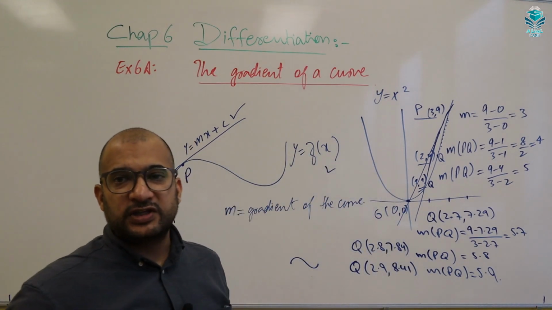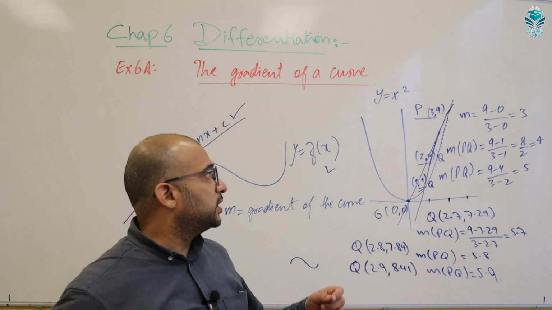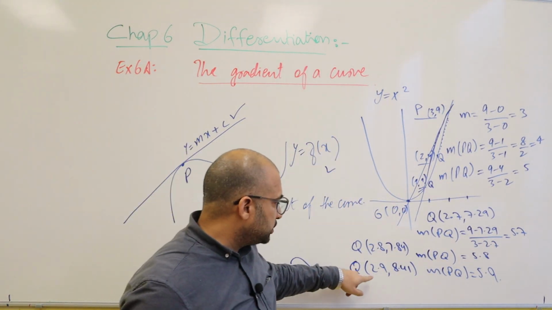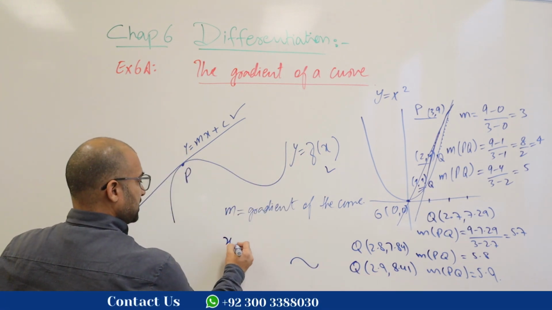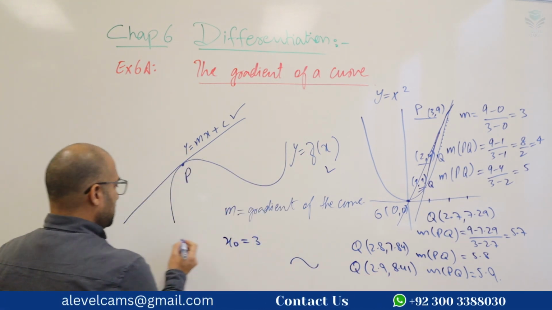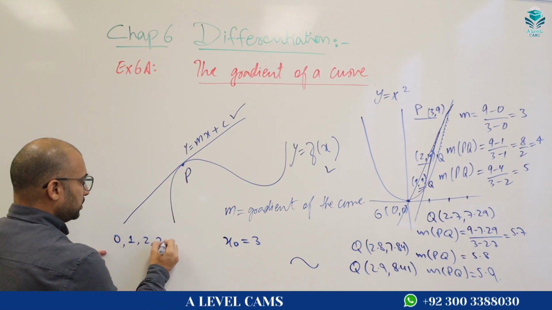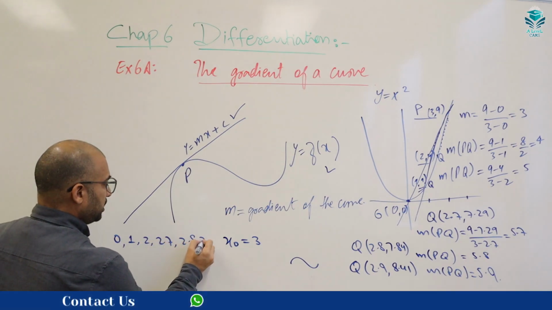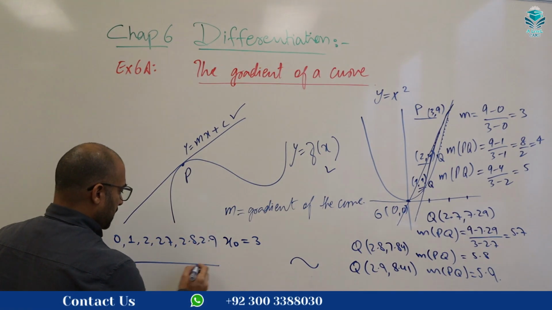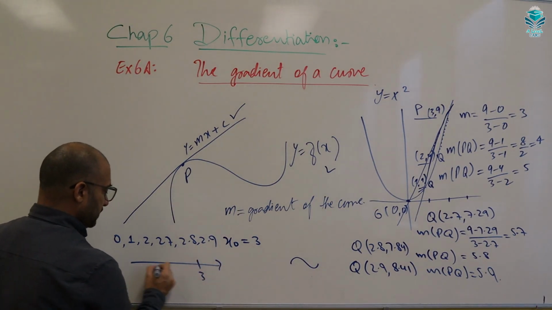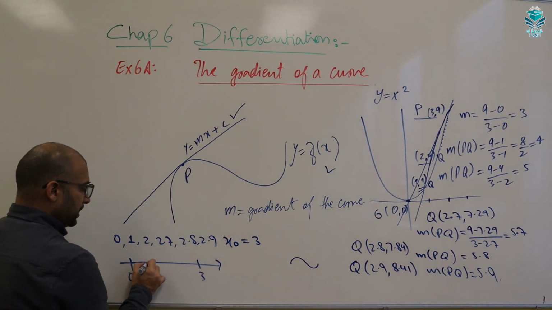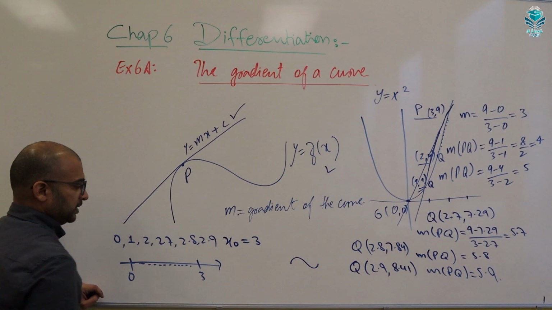It means that as we move towards the point P, the x-coordinate of P is fixed at 3. I chose first 0, then 1, then 2, 2.7, 2.8, 2.9, so I am moving towards 3. I started from 0 and I am moving towards 3.